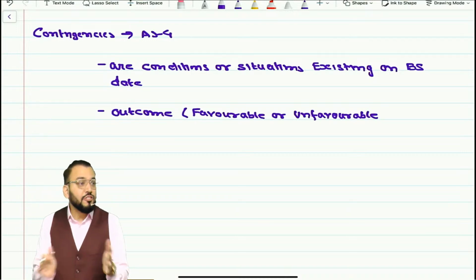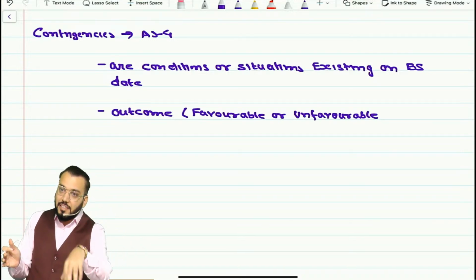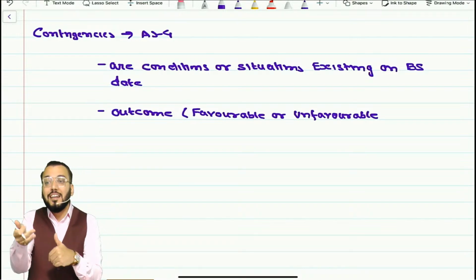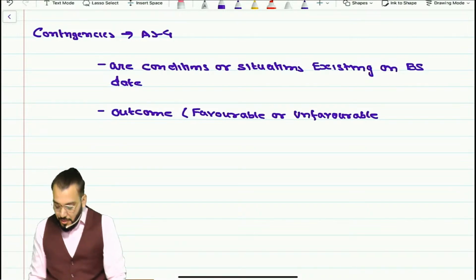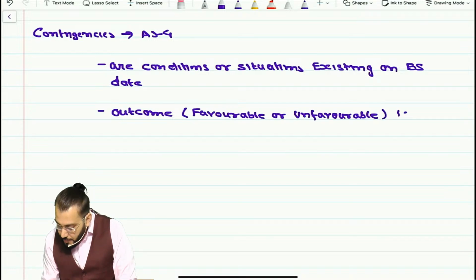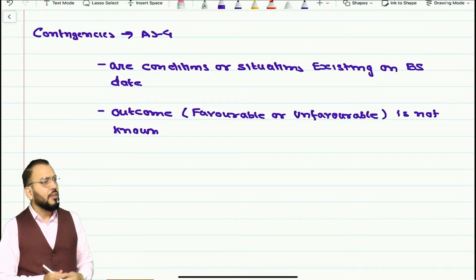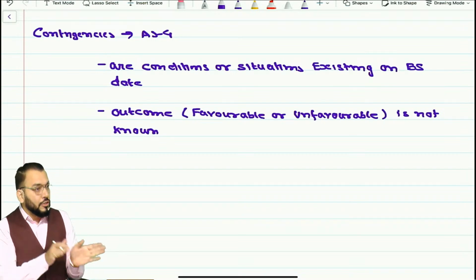The condition exists on the balance sheet date, but the outcome of that condition is not known on the balance sheet date.